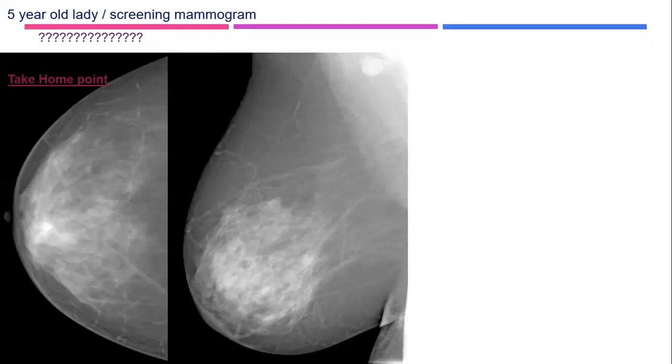A focal asymmetry should be seen on the MLO as well as on the CC view. But if it is seen in a single view, we just call it asymmetry. So you have an asymmetry, excellent to pick it up.